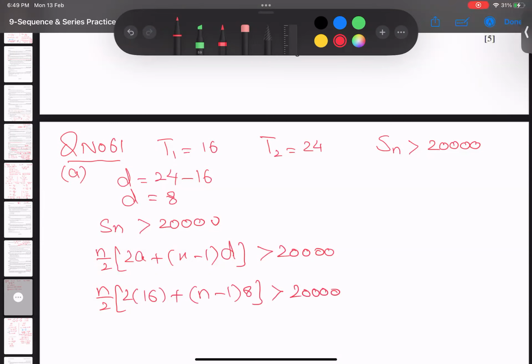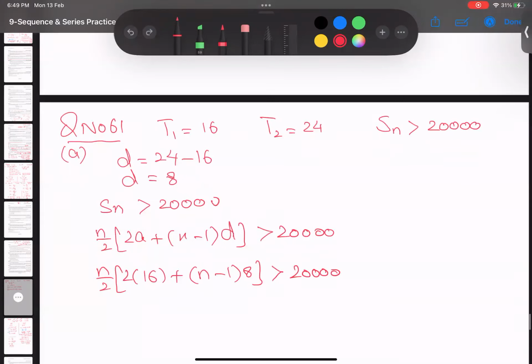I can do this without the inequality sign, and when finished, I bring the inequality sign back. This makes the question easier. Anyway, when I multiply this inside, what happens? The 2 cancels out and I get 16n. When this 2 multiplies inside, it cancels to 4, so I get 4n times n minus 1, bigger than 20,000.